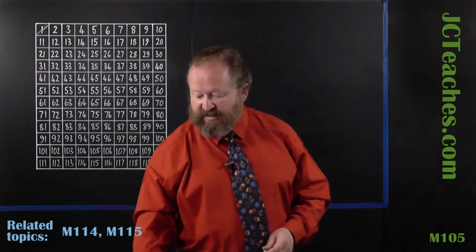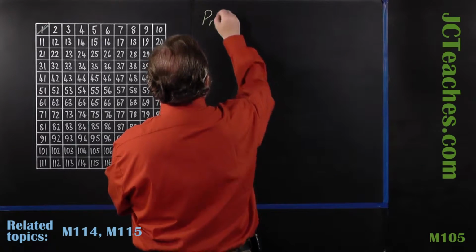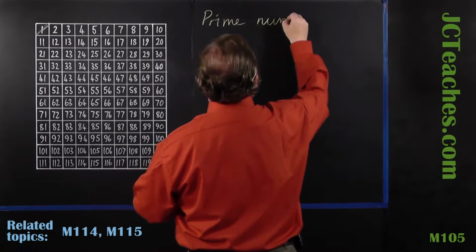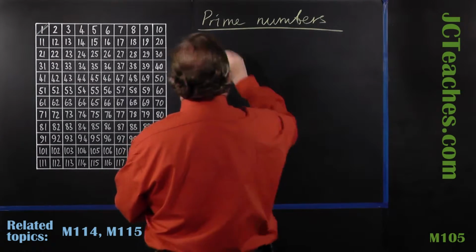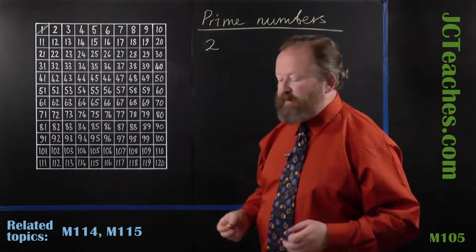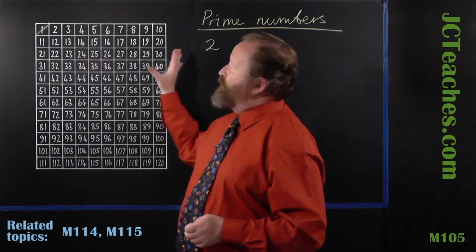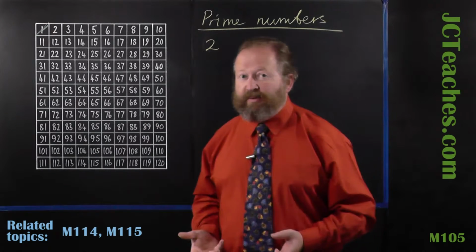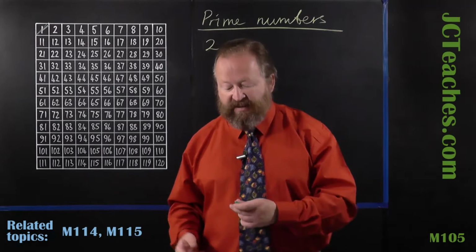So I'm going to start listing the prime numbers up here. Prime numbers: 2. That's the first prime number. So what we then do is we remove from the table all the numbers which are multiples of 2, because they can't be prime numbers, because they have 2 as a factor.